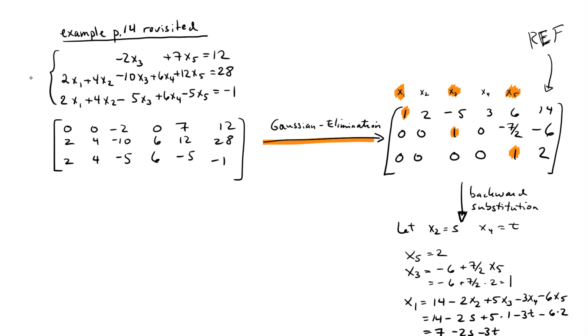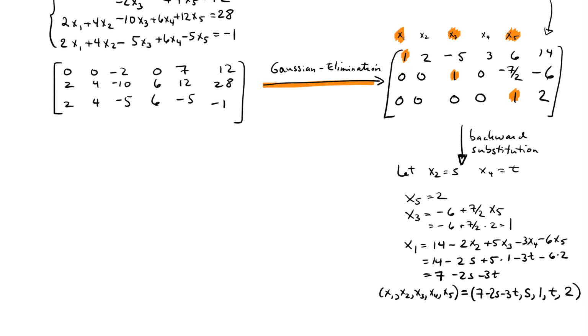And after that, to recover the solution, we do a backward substitution, which means that we assign parameters to the free variables, which are x2 and x4, so s and t. And then we start with the last equation, and we solve for each of the leading variables. So x5 is going to be 2. x3 is going to be minus 6 plus 7/2 x5.